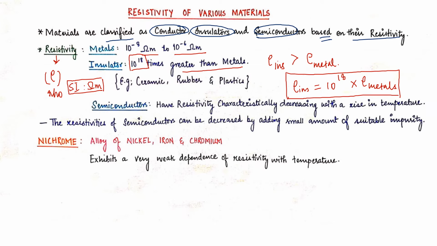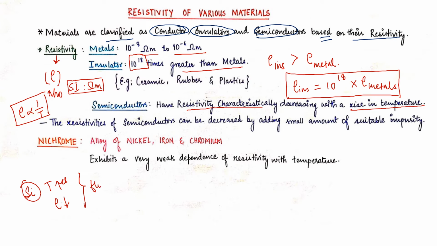Now semiconductors. Their resistivity characteristically decreases with a rise in temperature. Here rho decreases as the temperature increases. If we take silicon, it will show higher resistivity when the temperature is low. If the temperature is increased, it will show lesser resistance, and the flow of charges will be more.